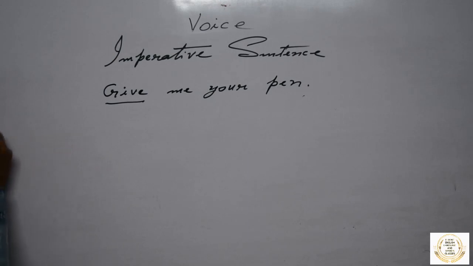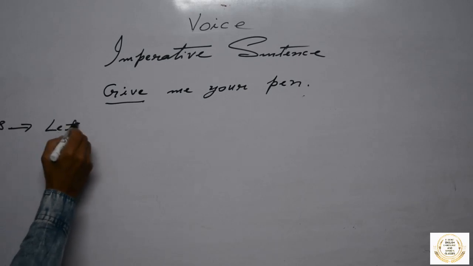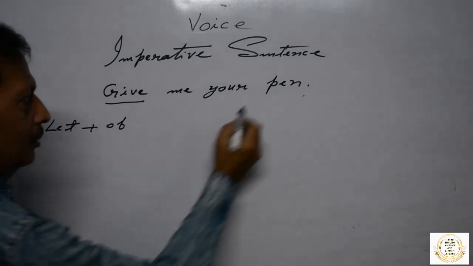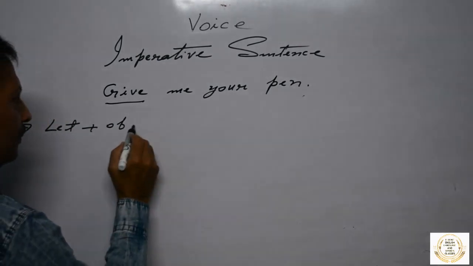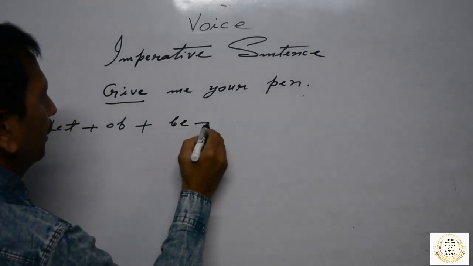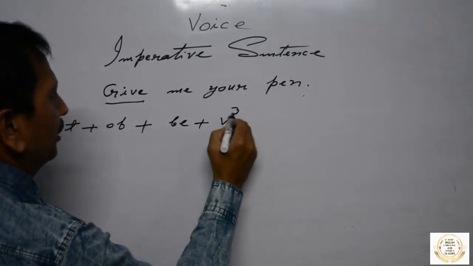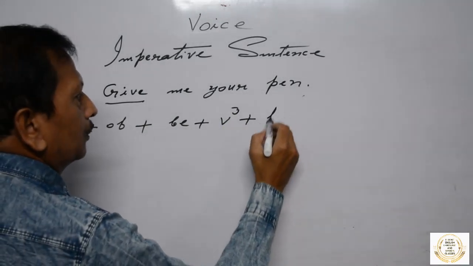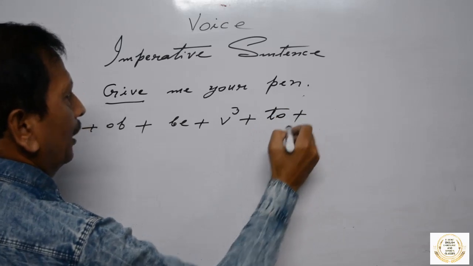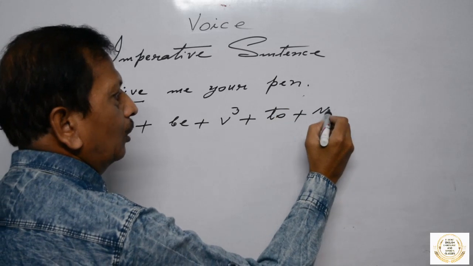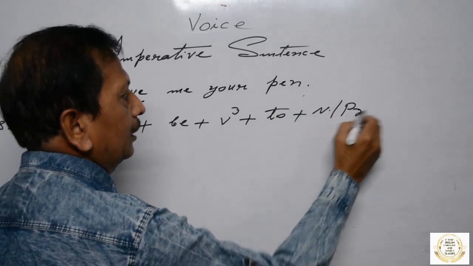Construction for this passive, okay? Passive construction: Let, object, be plus V3, to, plus here it will be noun or pronoun.